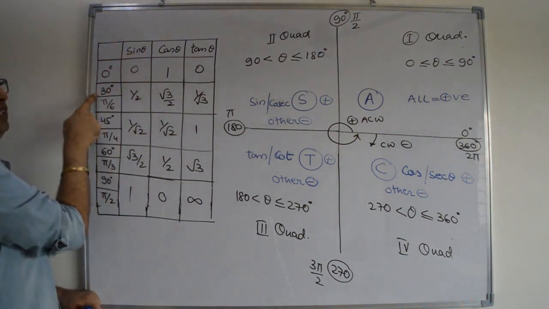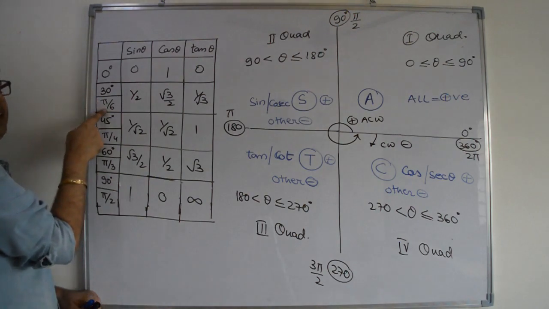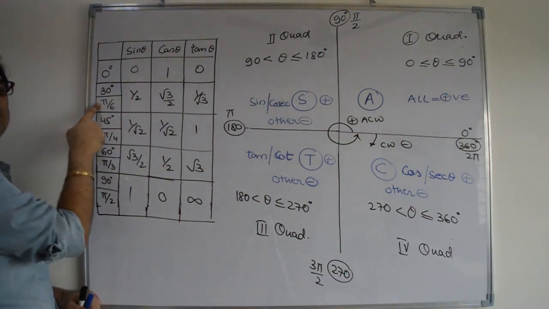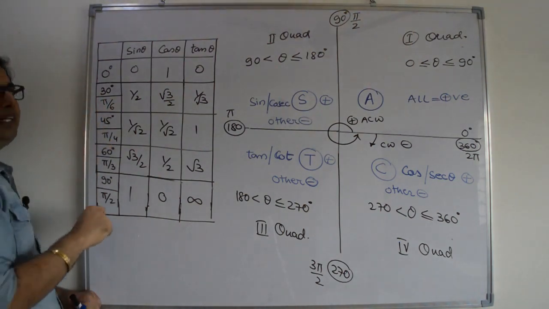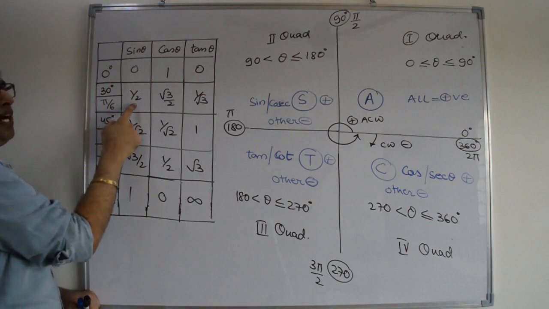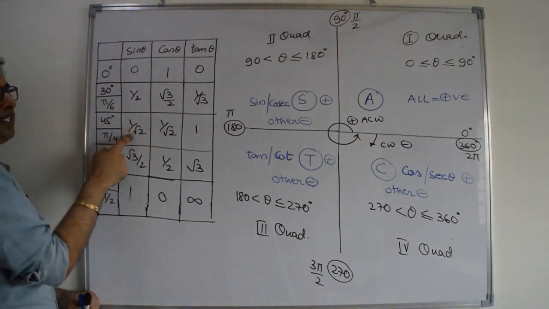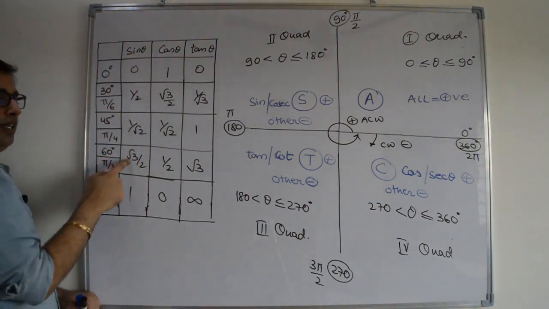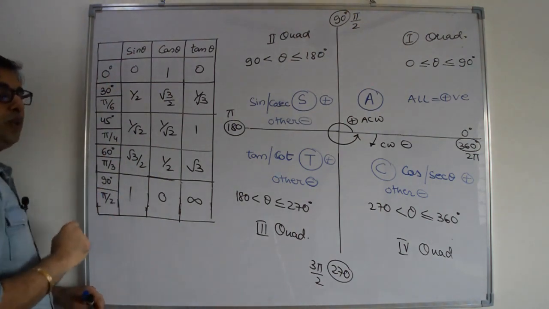Sine 30 degree, this is in degree, this is in radian. 30 degree is pi by 6 radian. You can check it: put pi equal to 180 degree, 180 divided by 6 is 30. Right? So sine 30 is half. Sine 45, that is pi by 4, is 1 by root 2. Sine 60, that is pi by 3, is root 3 by 2. Sine 90, that is pi by 2, is 1.